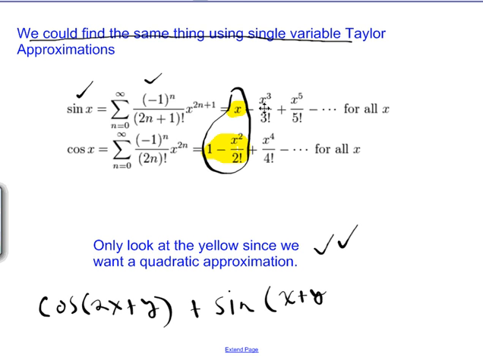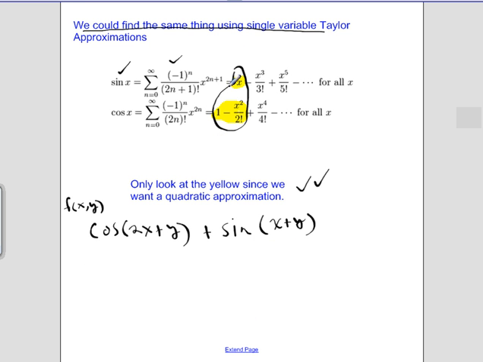Given that we knew this already, we can pretty quickly write this equation as a second order Taylor approximation by filling it into this equation.